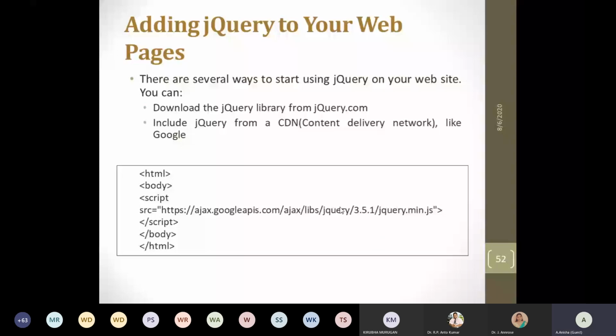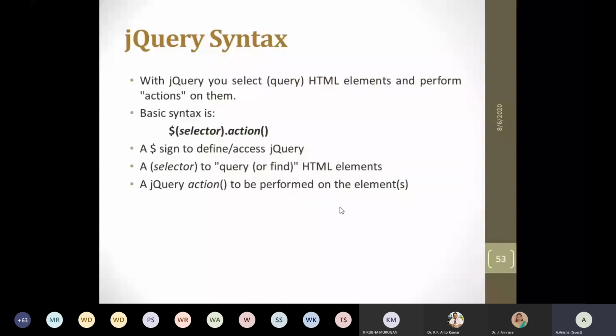And what is the syntax for using jQuery? With jQuery, we can select elements and perform certain actions on them. The basic syntax is $, within parentheses you give a selector, followed by a dot, and then the action to be done. There are many types of actions that can be done, and we can see a few.